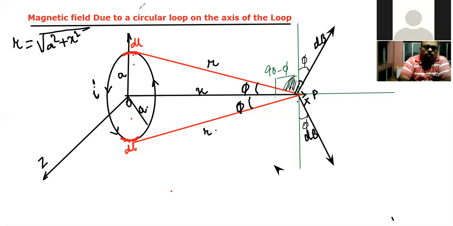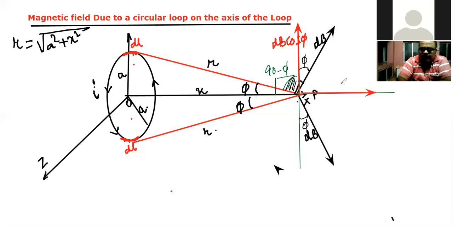If we take the components of this dB, there will be two components. One component is dB cos phi, and the other will be dB sin phi.